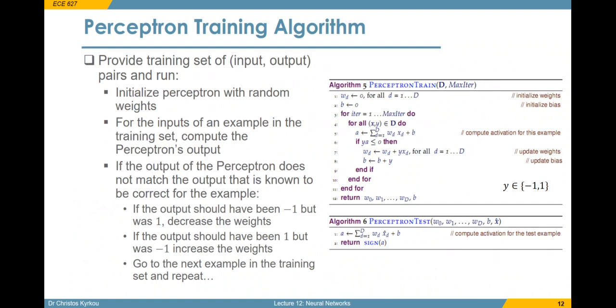So this is an overview of the training process of the perceptron. First, we start off by iterating over all our data points.